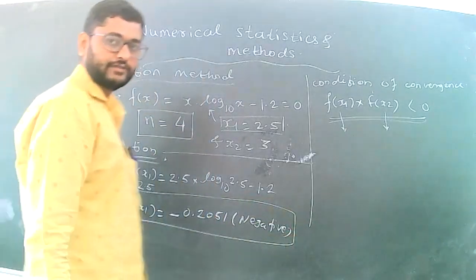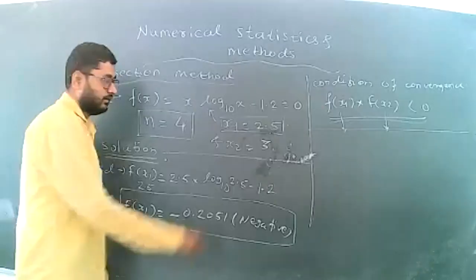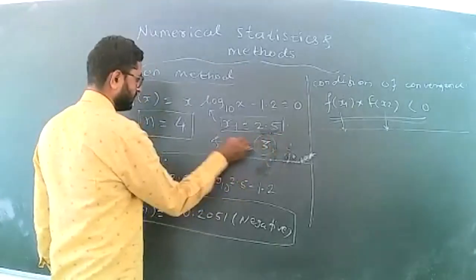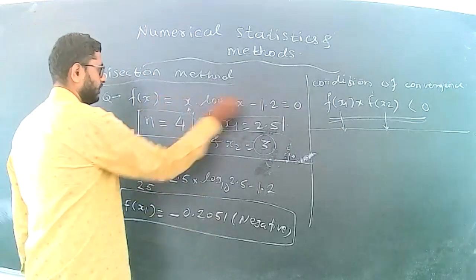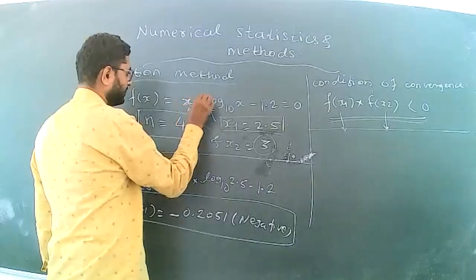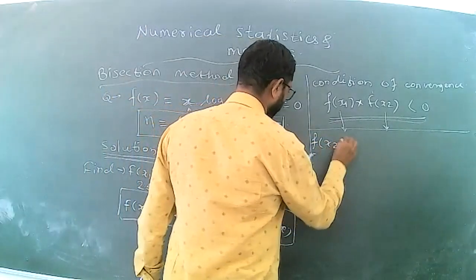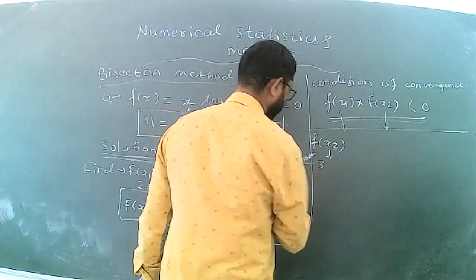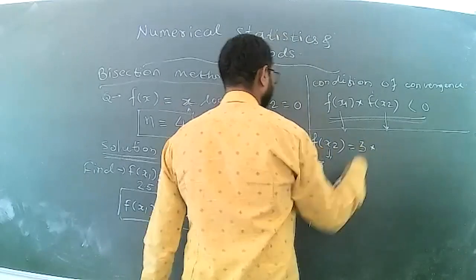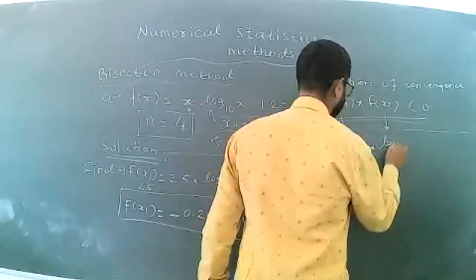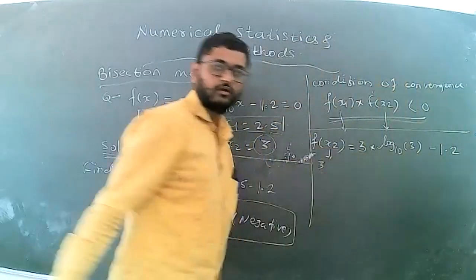Similarly, find f of x2. How to find f of x2? Here x2 is 3, so you just put x equal to 3 into the function equation. So f of x2 is equal to 3 into log of 3 minus 1.2.